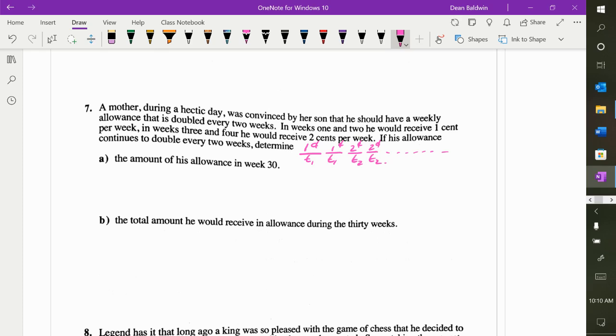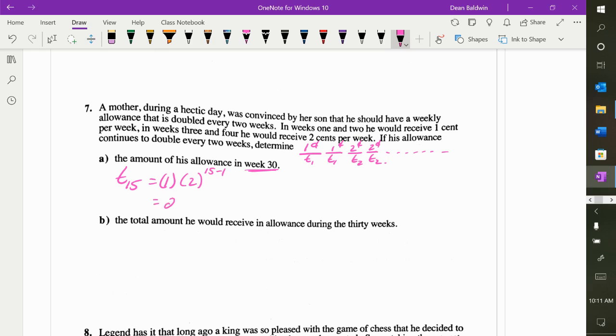So how many times does it double in 30 weeks? 15 times, right? They want to know how much he makes in the 30th week, so that's a double of 15 times. Does that make sense to everybody? So we're actually finding T15. What's my A value? 1 cent. What's my R value? And N is 15 minus 1.